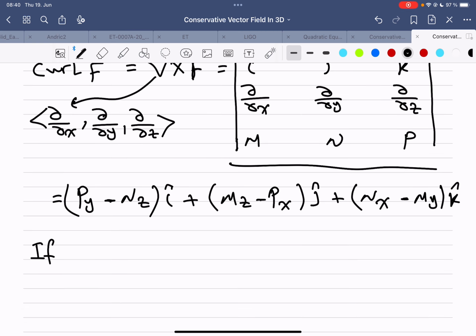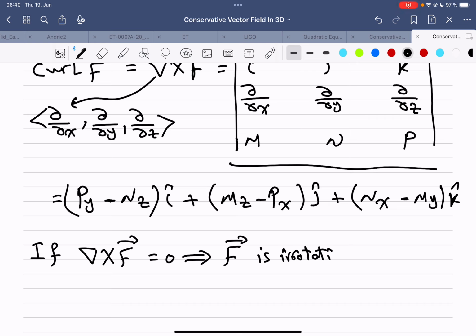If curl F equals 0, F is irrotational and at the same time conservative.